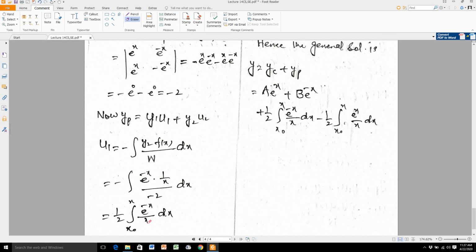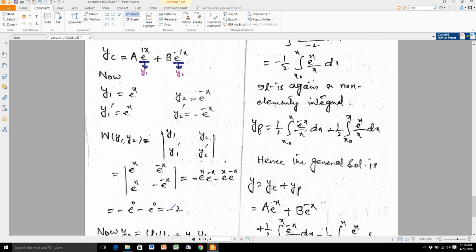Such types of questions you see in chapter number 2, where the integrals are impossible, or we say non-elementary integrals. So we write it as an integral from x naught to x, and there is no other solution, and there is no technique in integration to find its integral, but there is a technique in numerical analysis by which we find its approximate solution.